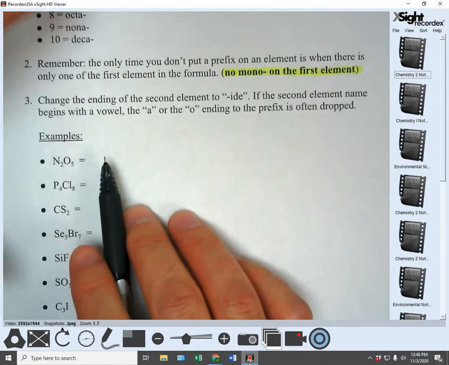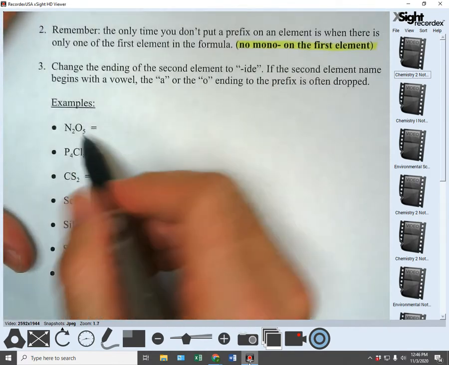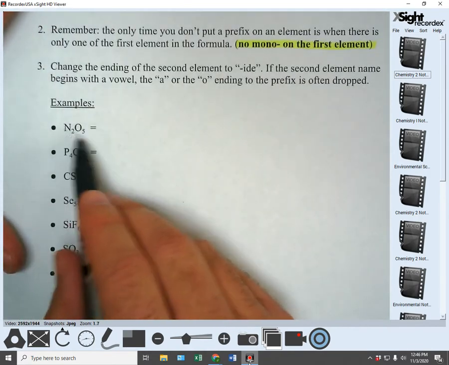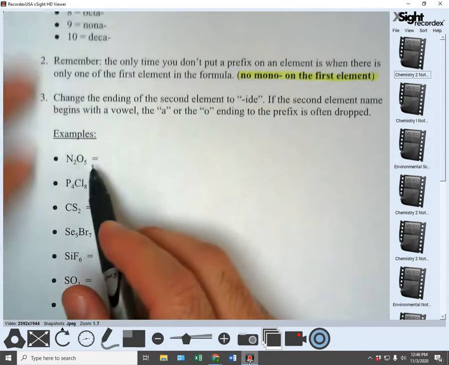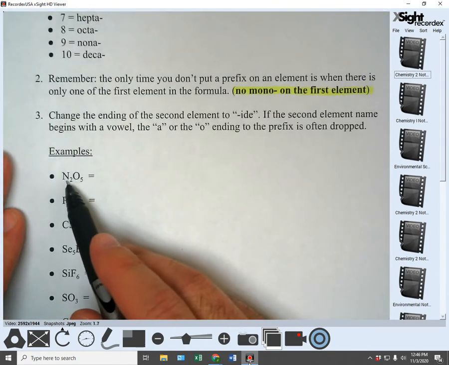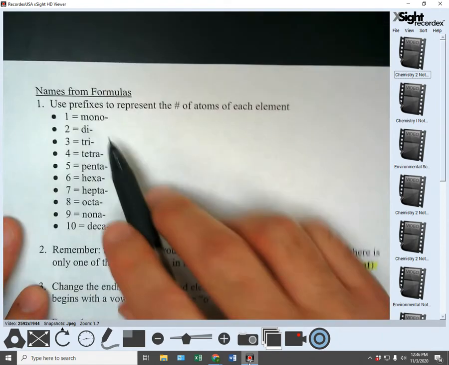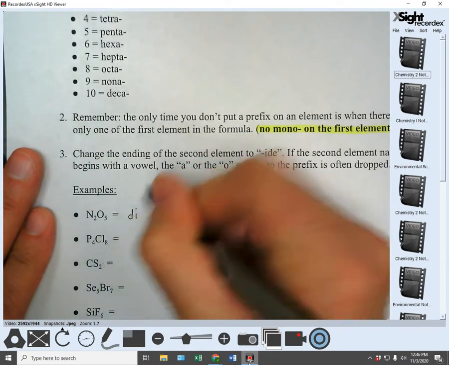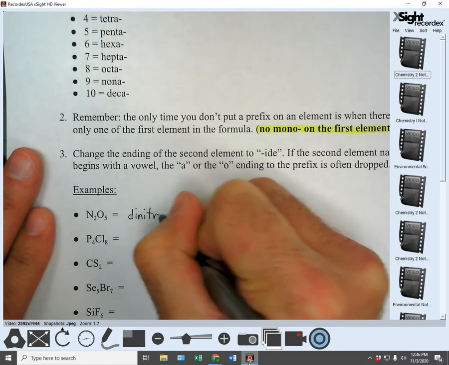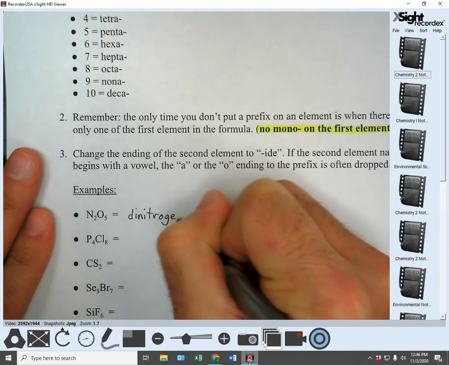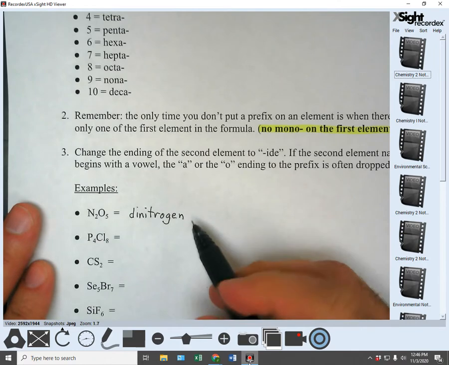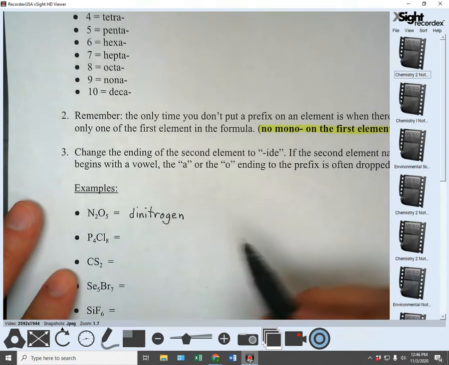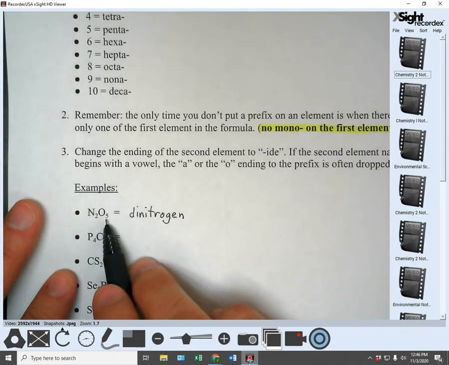Okay, so let's do some practice here. We're just doing the reverse. We've got N2O5. So N is nitrogen. We've got 2 of them, which is di, so it's just dinitrogen. You don't change anything about the first element other than putting the prefix on it. So dinitrogen.